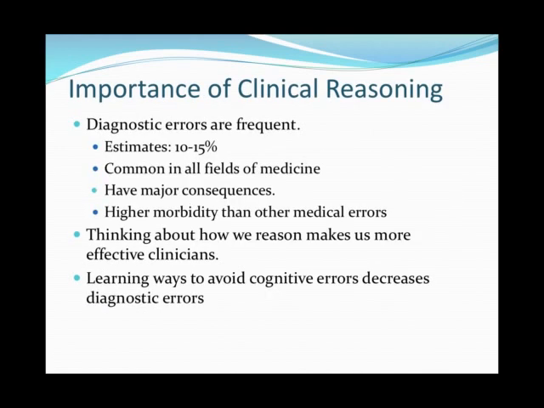So the importance of this, like we talked about in the last lecture, is that diagnostic errors, or errors in the ways that we're making when we're trying to come up with a diagnosis, are very, very common.